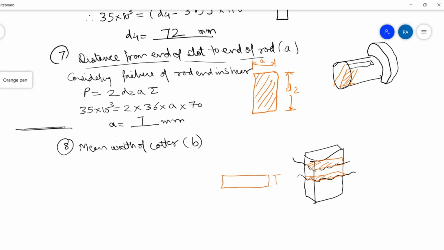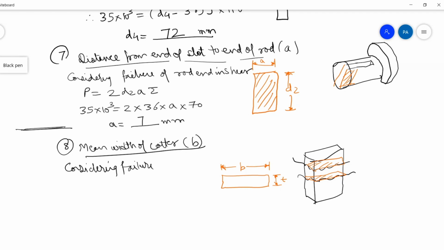This particular thing is T and this dimension is B. And this is also double shear. So what will you write? First we'll write, considering failure of Cotter in shear.